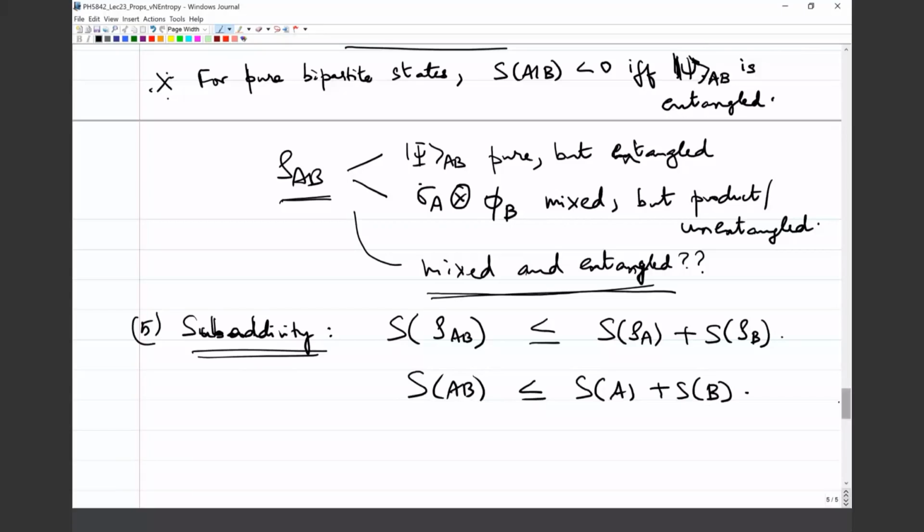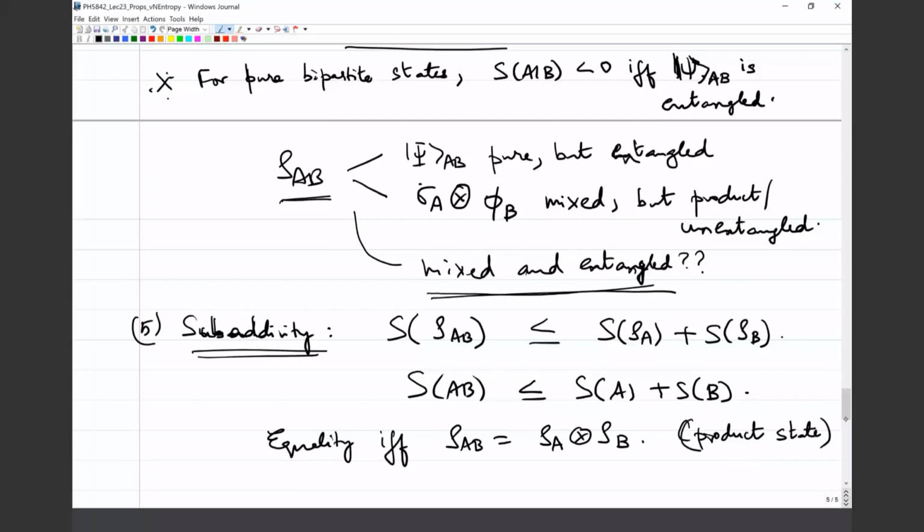The special case that we saw was that of equality. So equality if and only if rho AB is simply the tensor product of its marginals. In other words, it's a mixed state, but a product state, right? So so long as the joint state is a product state, the joint entropy will simply be the sum of the individual entropies.